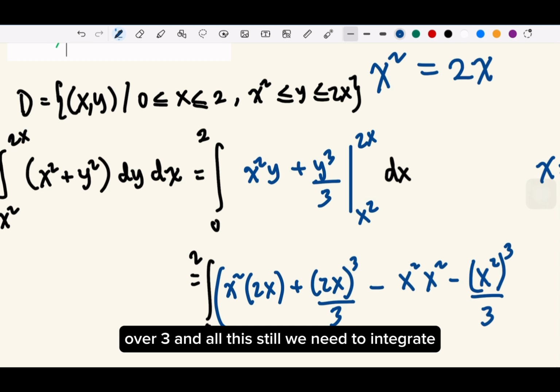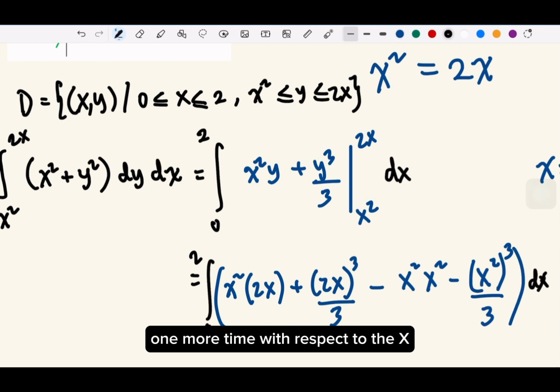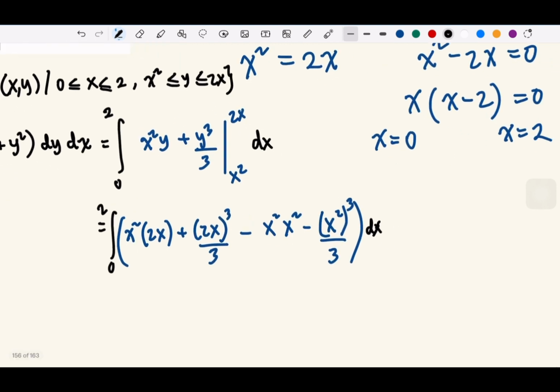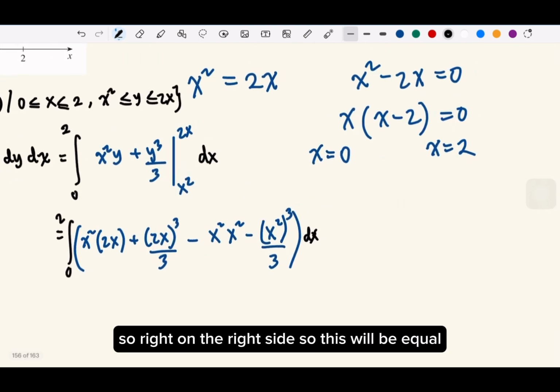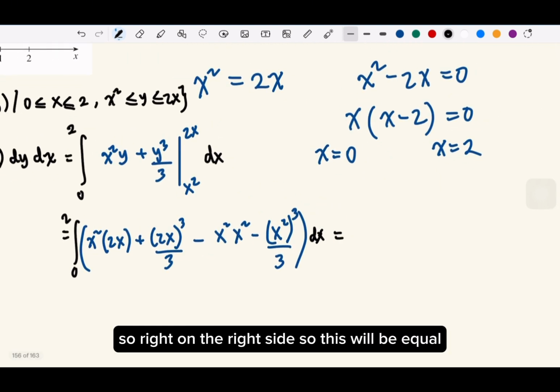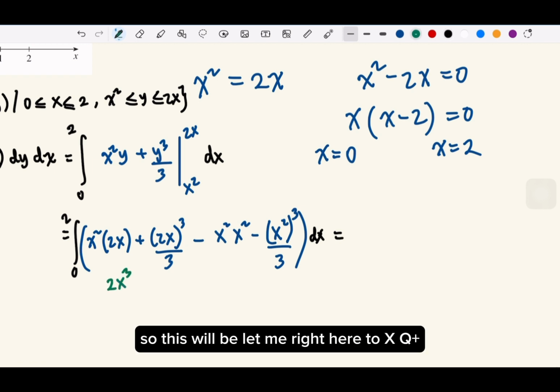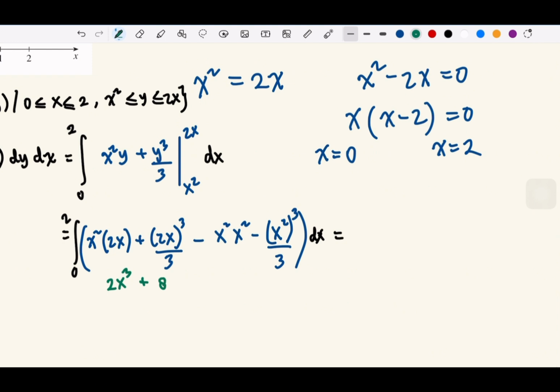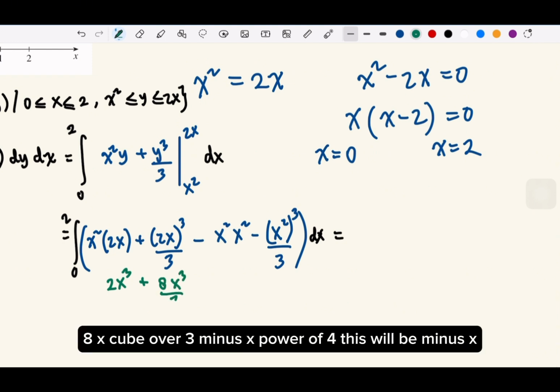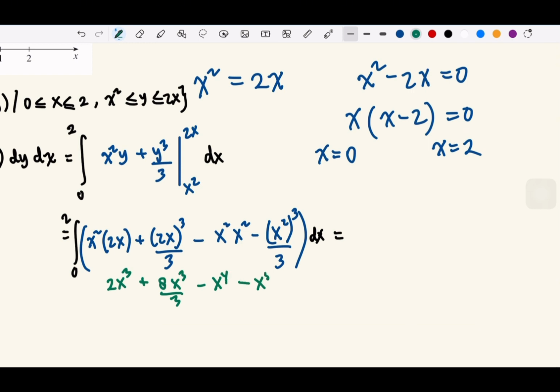And all this, we still need to integrate one more time with respect to dx. So we write on the right side, this will be equal to 2x cubed plus 8x cubed over 3 minus x to the power of 4, minus x to the 5 over 3.